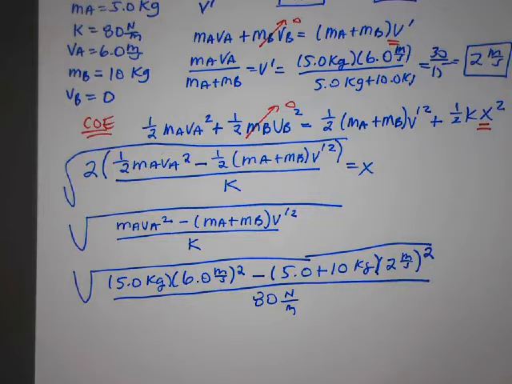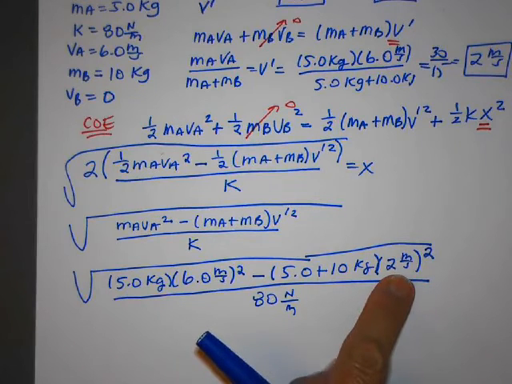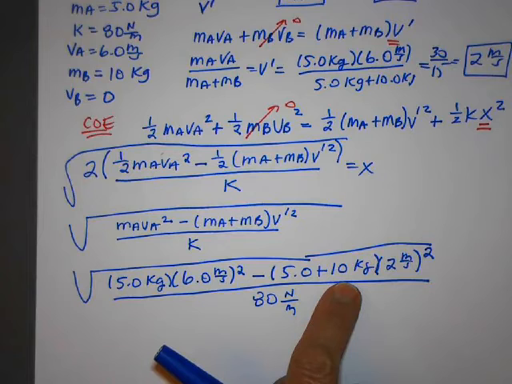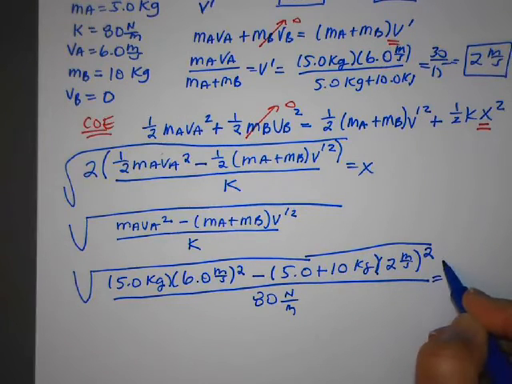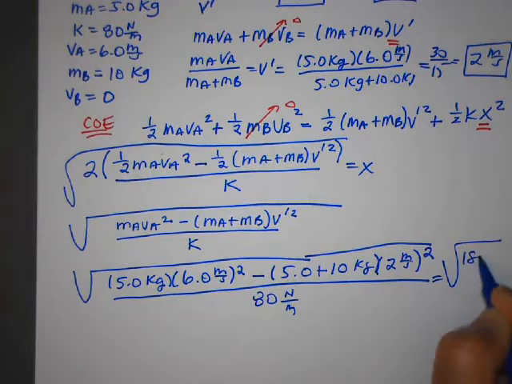And then I have 4 times 15, 60. So 180 minus 60. Do that in my head. 180 minus 60 divided by 80. So 120 divided by 80, square root.